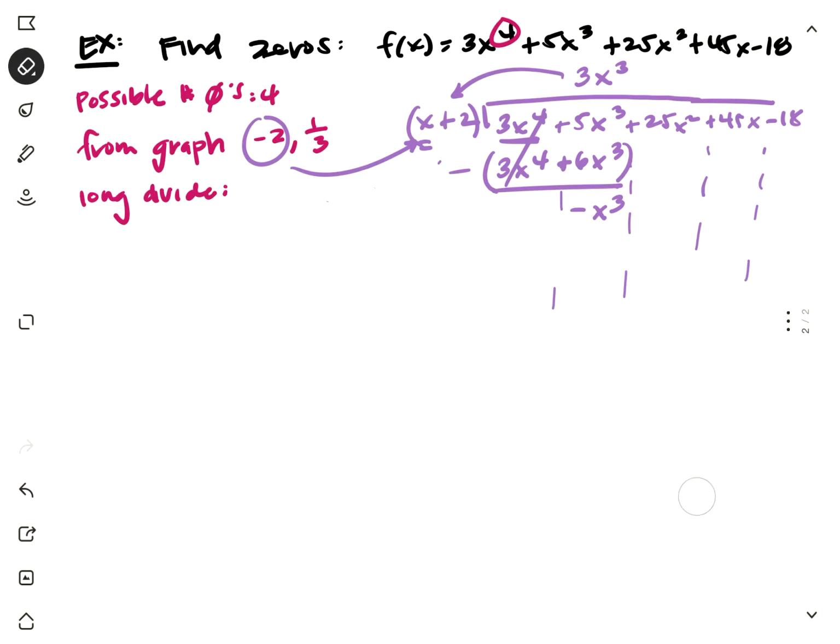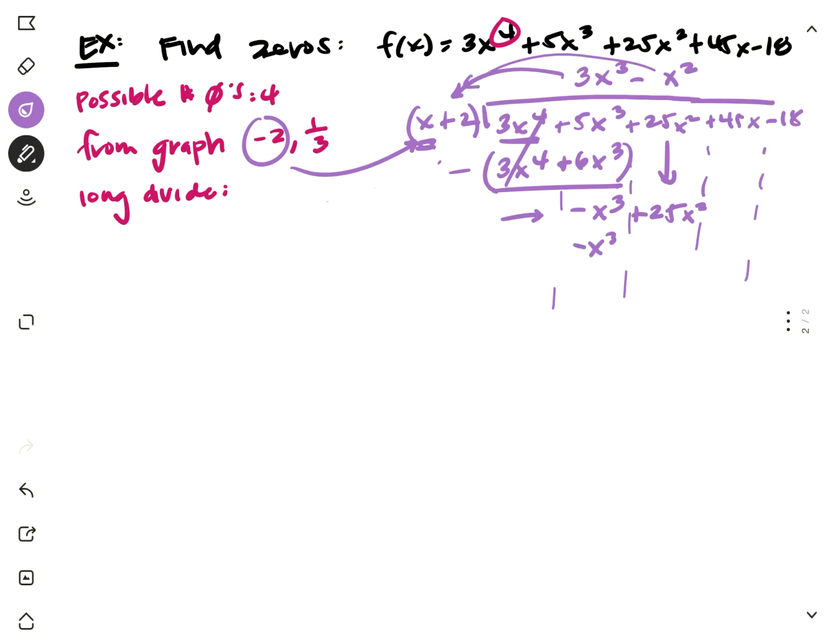Let me clean up down here. It's bothering me. And we're going to repeat the process. Sorry, we're going to drop down the next term. And then we're looking at x. What times x is negative x cubed? That would be negative x squared. And then we multiply again into here.